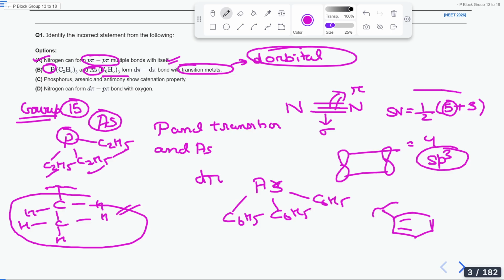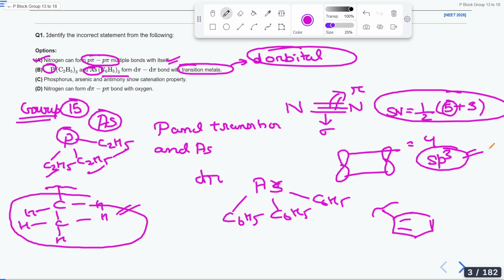Again, we'll use the same formula, because all things are exactly the same for the other species as well. So here also the hybridization will be sp3. So both have the hybridization of sp3, meaning all their p orbitals, listen very carefully, are involved in hybridization.